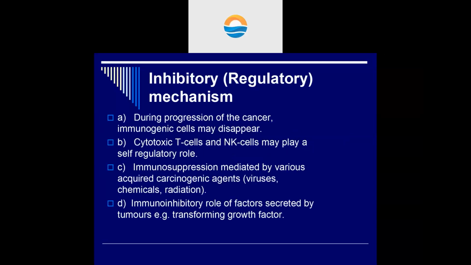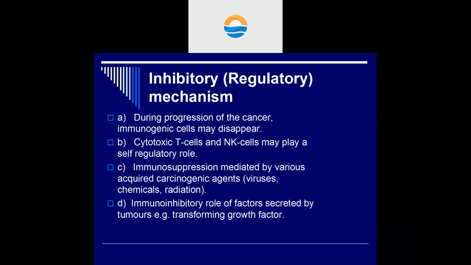Inhibitory or regulatory mechanism. During progression of the cancer, immunogenic cells may disappear. Cytotoxic T cells and NK cells may play a self-regulatory role. Immunosuppression is mediated by various acquired carcinogenic agents like viruses, chemicals, and radiation, for example.